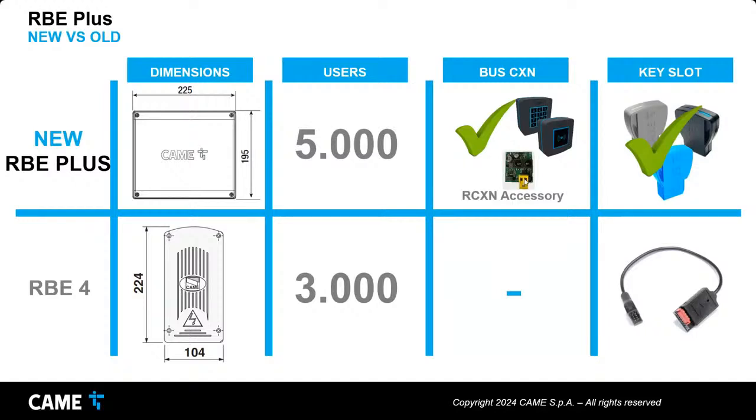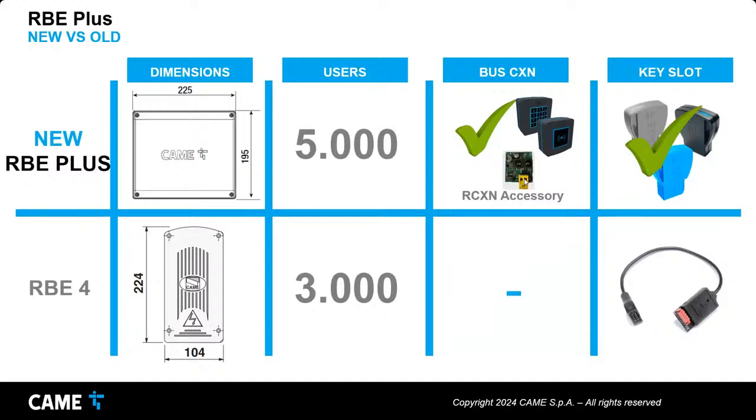Then we will talk a little bit better about this accessory, which is useful in order to connect to the RBE Plus additional bus selectors like keypads and transponders, or key selectors. It doesn't matter which type of bus accessory is used. Anyway, we can do this up to 8. Later, we will see this information better explained.